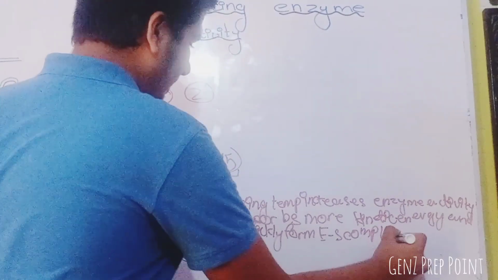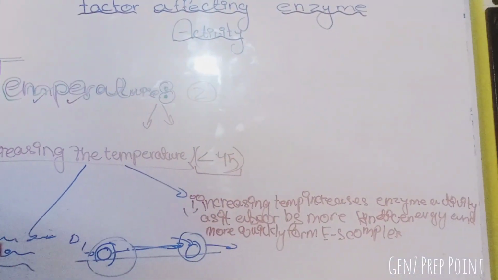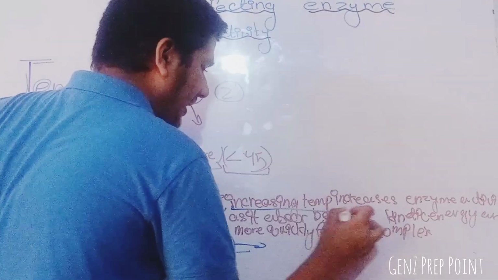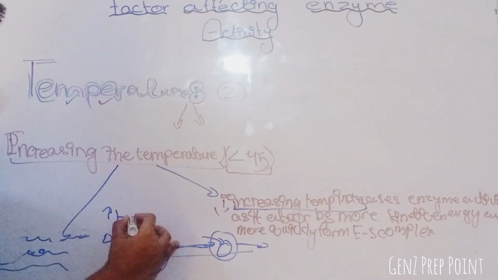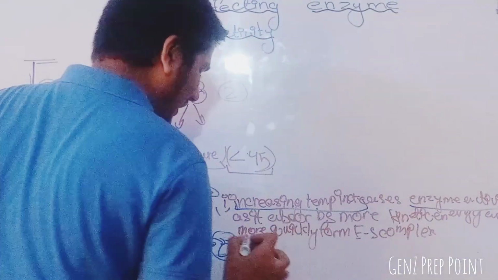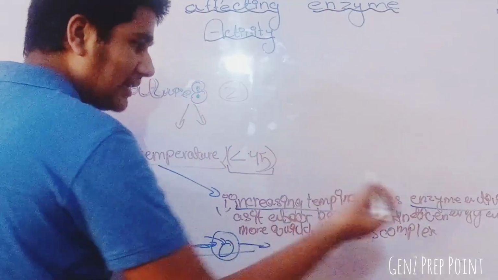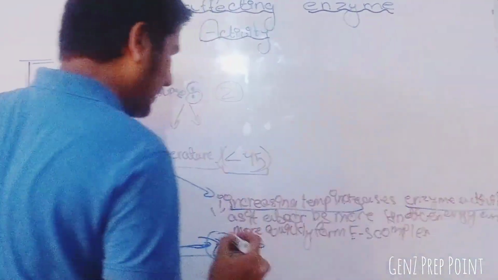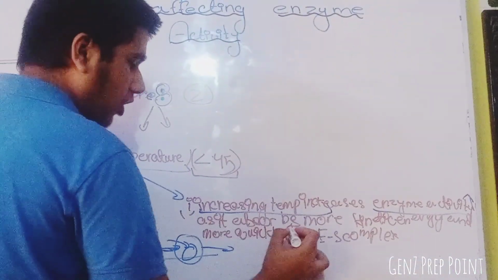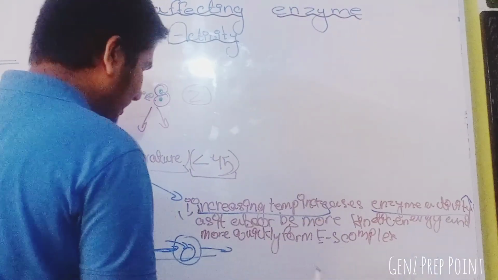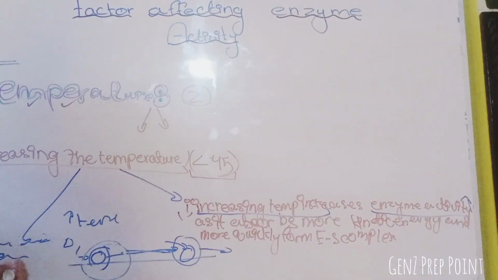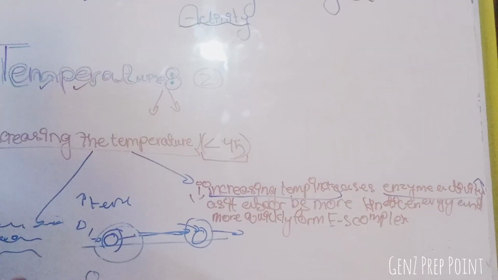So what do I mean by this sentence? Increasing temperature. When I increase temperature, enzyme activity increases. Enzyme activity increases as it absorbs more kinetic energy. How does it absorb more kinetic energy? This is an enzyme particle.